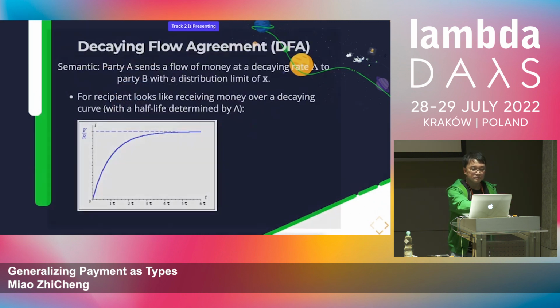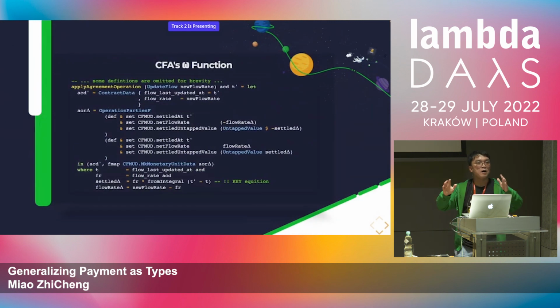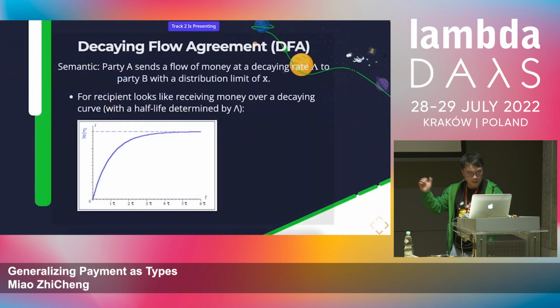Okay. So that's it. That's how you use this framework to implement a constant flow agreement. The same exercise can be done. We actually have a prototype here. It's called decaying, right? Instead of constantly sending someone money at a constant flow rate, you can even apply the decaying flow, right? Which is a half-life on a decaying curve, right?